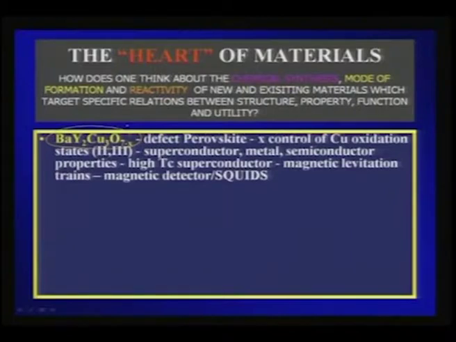This is a defect perovskite, and all you can see here is that X is what is controlling the superconducting property here. In other words, this X will control the copper oxidation state between 2 and 3, and that will make the material either superconducting, or it will make it metal or semiconducting.